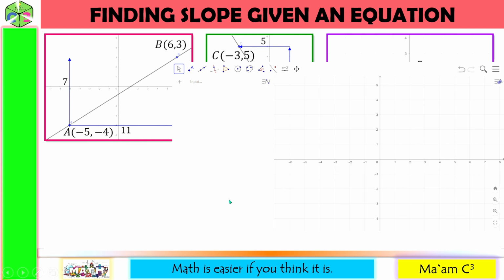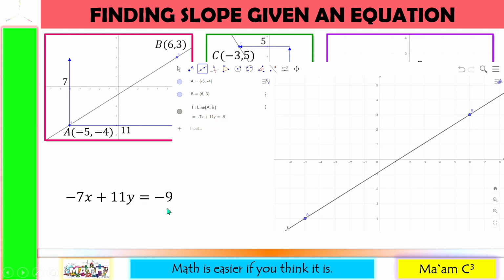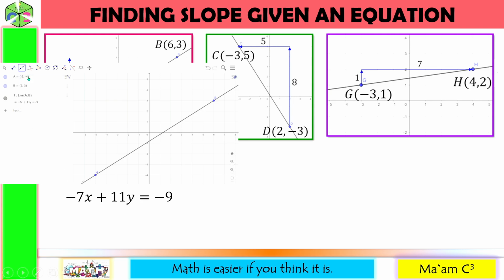We can use GeoGebra to determine the equation of a line. So let us create a line that passes through negative 5, negative 4, and 6, positive 3. So the equation of this line is negative 7x plus 11y equals negative 9. Let's put it here. Next one, let us create another line and it passes through negative 3, negative 5, and 2, negative 3.